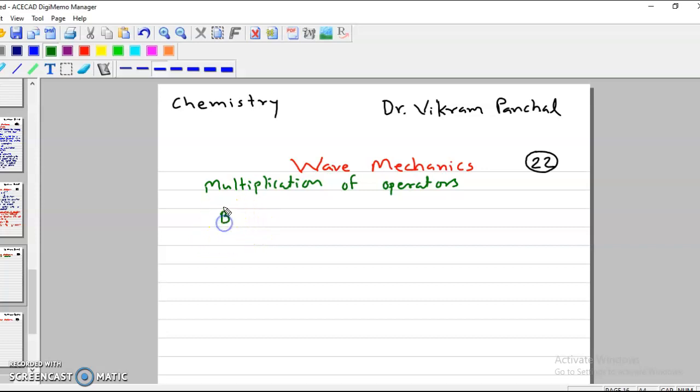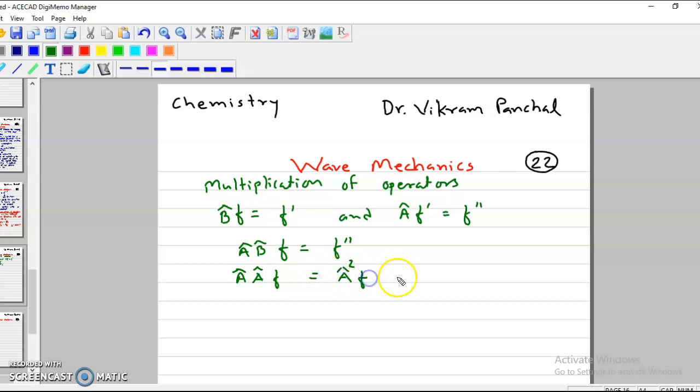Means, if Bf is equal to f dash, and Af dash is equal to f double dash, then we write AB f is equal to f double dash. Directly we write this. Or if it is A into A f, then it will be A square f. This way we can carry out multiplication of operators.